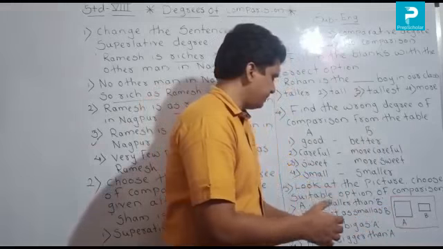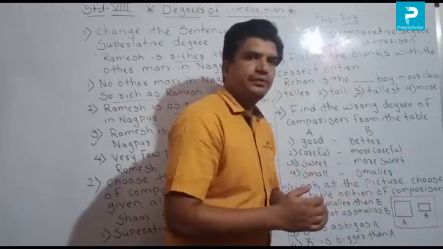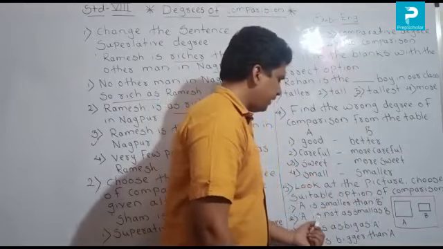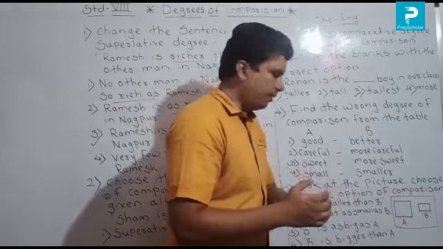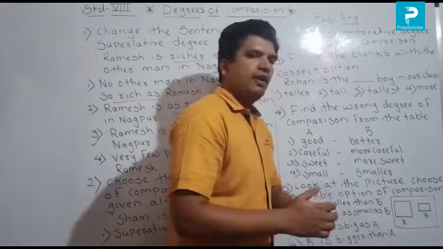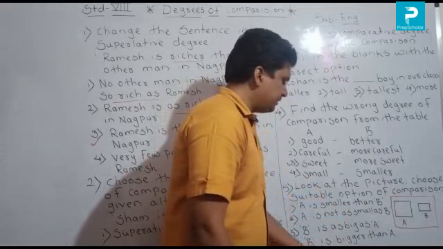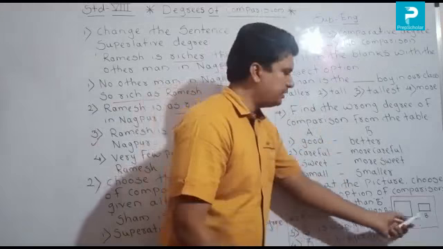So number 1 option is A is smaller than B. Second option, A is not as small as B. Third option, B is as big as A. And fourth option, B is bigger than A. So which is the correct comparison of this picture?